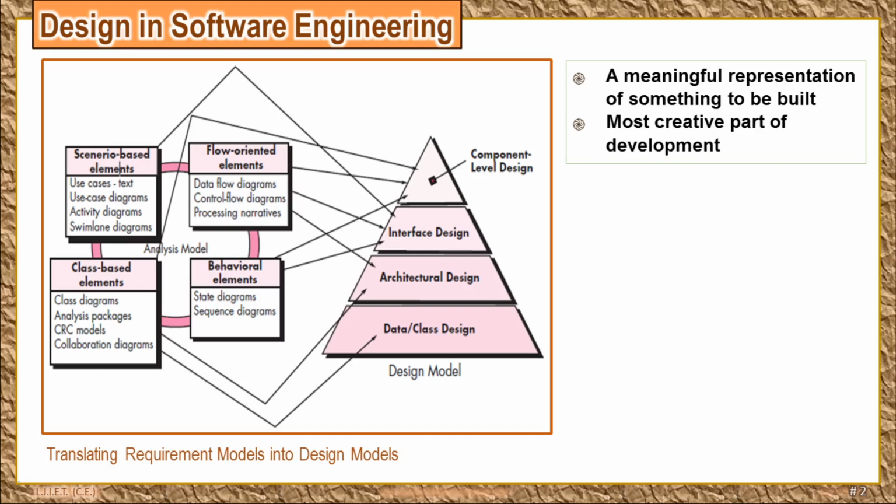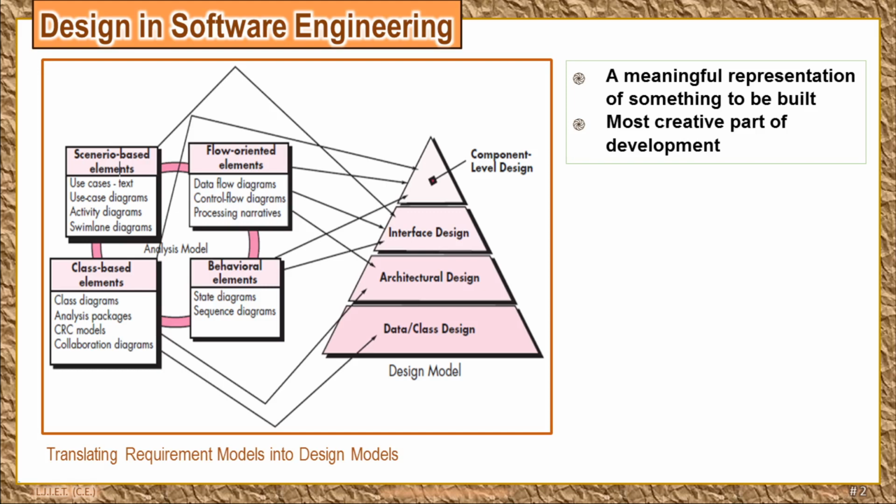The requirements model, manifested by the scenario-based, class-based, and behavioral elements, feeds the design task. You can see in the diagram that you first have the data or class design. What is data or class design? It transforms the class models into design class realizations and the requisite data structures required to implement the software.